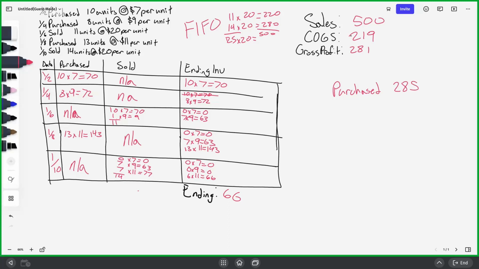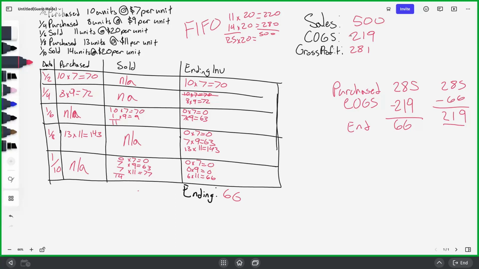So what's our ending inventory? 66. Take 285 minus 66. Where do you see this number? Cost of goods sold. Yep, that's a good double check. And that's how we go through the chart.